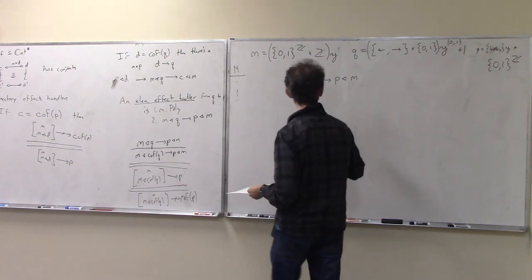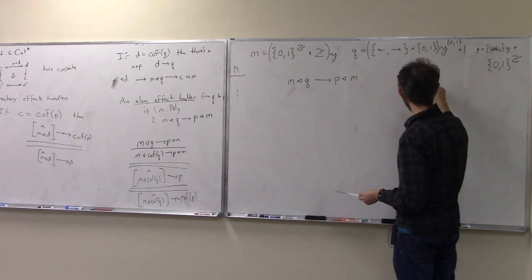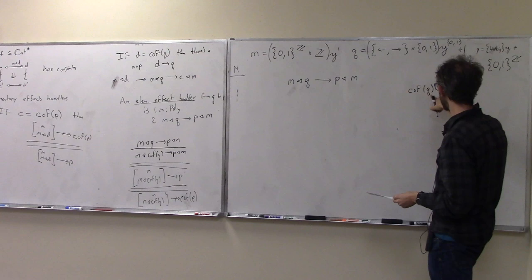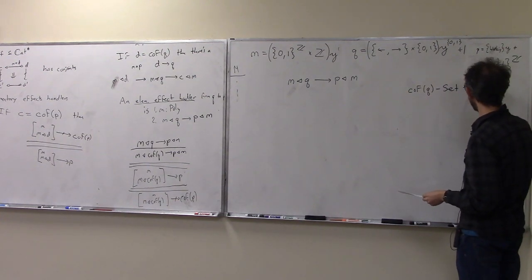And why would you care? Because there's a theorem that says co-free Q set functors from this thing. This is a category. Functors from it to set are the same thing as Q coalgebras.